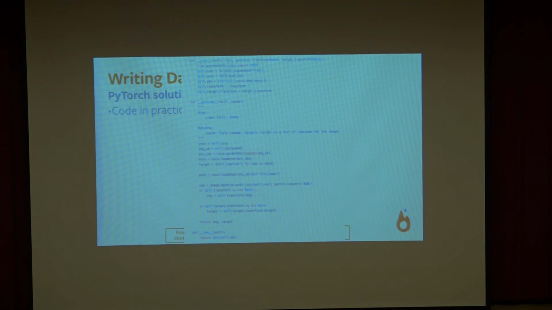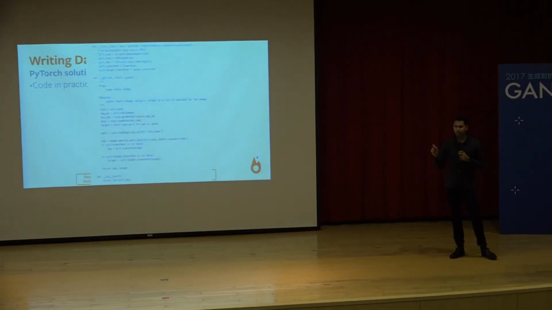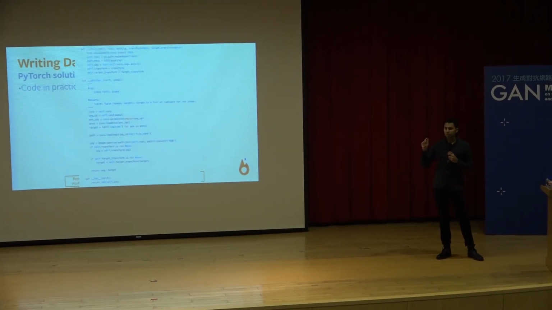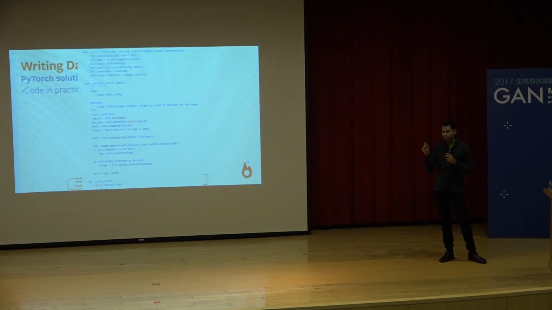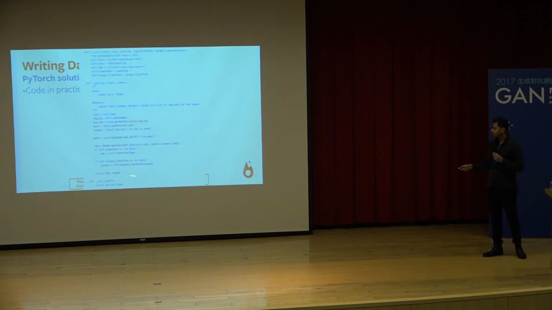Let's say you have 10,000 elements in your data set. Your get item has to define how to load some index of the element from the data set and return it. And you have to define a length function that just tells how many samples are there in your data set. It's very simple. It's usually just a few lines of code.